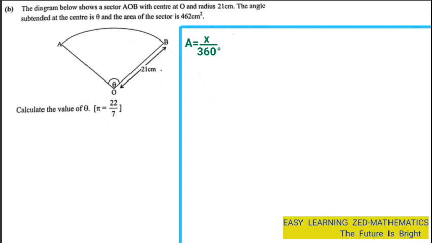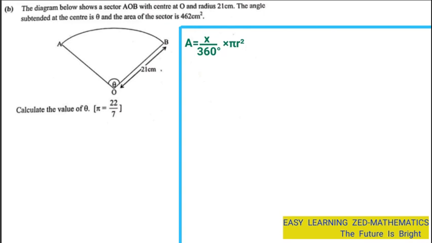Now that is a fraction of the entire circle: we come up with a fraction which is the degrees given over the entire degrees of the circle, which is 360, multiplied by pi times radius squared.